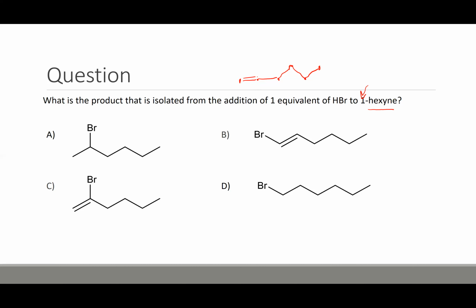So the bromine will add here on the 2 position. So your answer here should be C. We retain the double bond and the bromine adds onto the 2 position following Markovnikov rules.